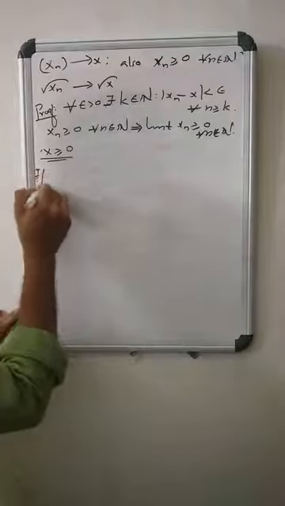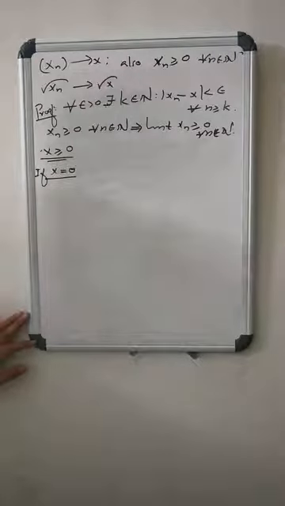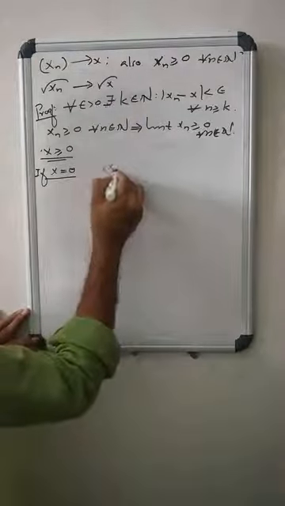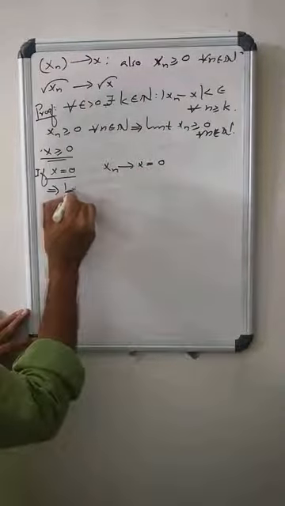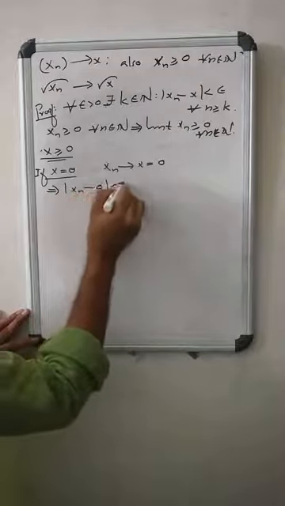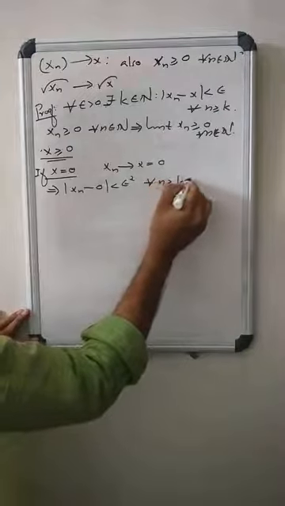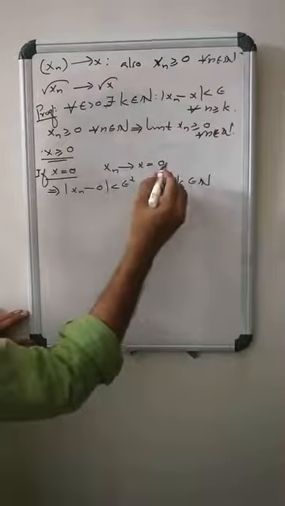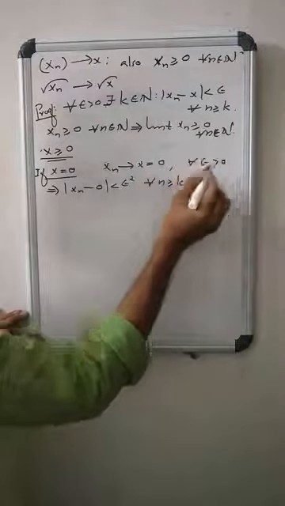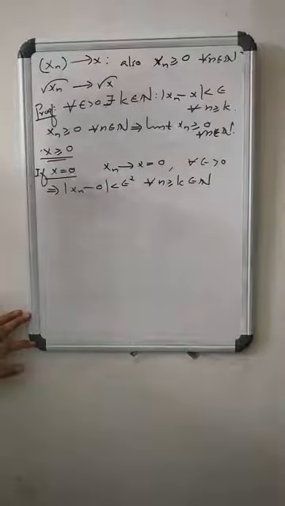Now, first case: if x equals 0. Since xn converges to x, here x equals 0, so for all epsilon positive, |xn - 0| < epsilon squared for all n greater than or equal to k.